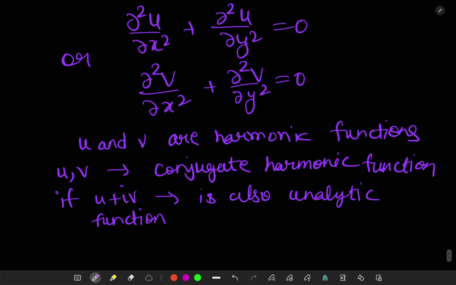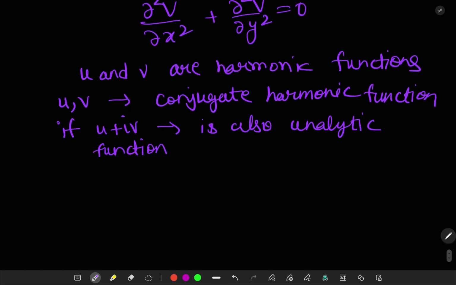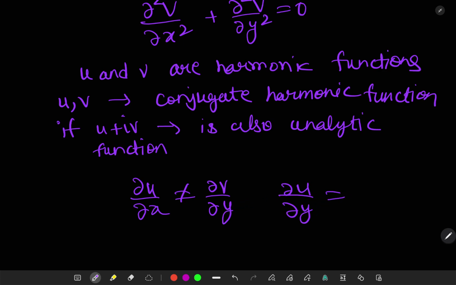If this condition is satisfied by u and v, then they are called harmonic functions. But if del u over del x does not equal del v over del y, does not satisfy Cauchy-Riemann equation, and del u over del y does not equal minus del v over del x, then u and v are not harmonic conjugate.